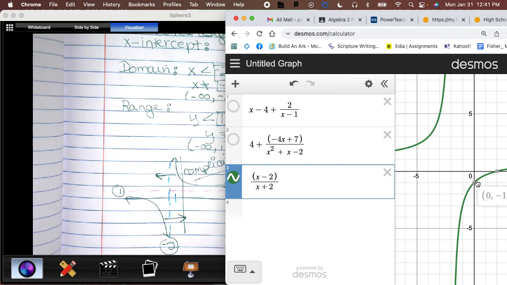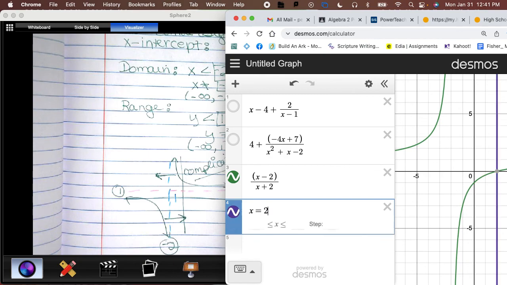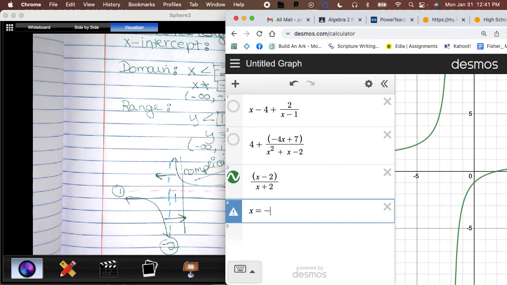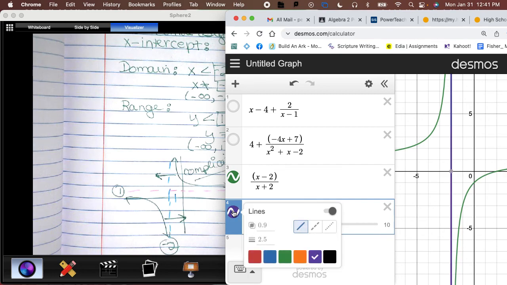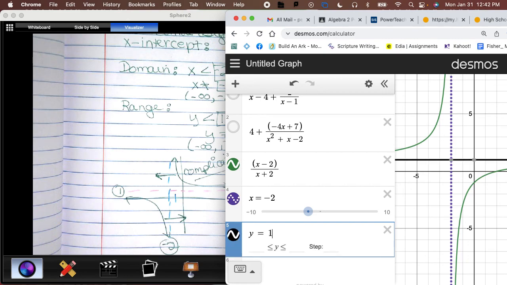And there they did. They flipped. They did flip on me. So you can see, if you want to, you can put in x equals -2 as an asymptote to make sure that's right. Make it a dotted line. Okay, and then the other one was y equals 1.